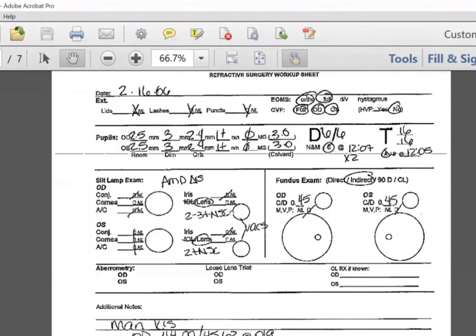You can see that there is some cataract already forming, and this represents the maturity of the cataract. It represents a 2 to 3 plus nuclear sclerotic cataract that's present in the patient. So obviously the right eye has a little bit more cataract than the left. The left eye has some cataract, but a little bit less mature than the right eye.